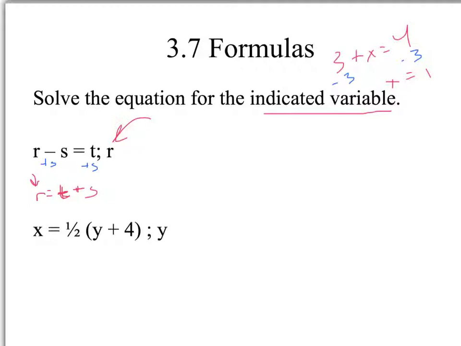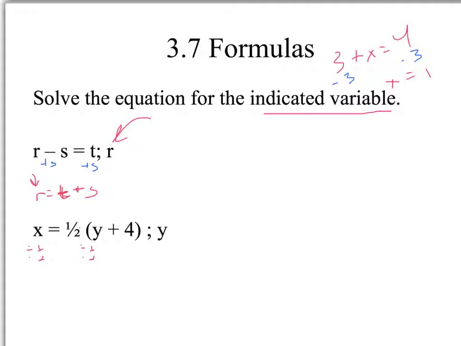What operation is happening between the half and that y plus 4? It's multiplying. So we are going to take the inverse operation of that. We are going to divide. So we're going to divide by half on both sides.